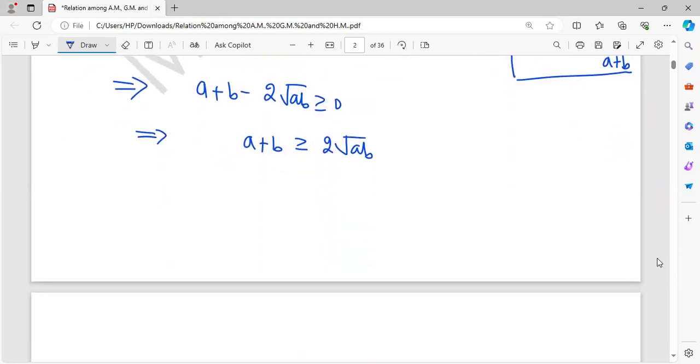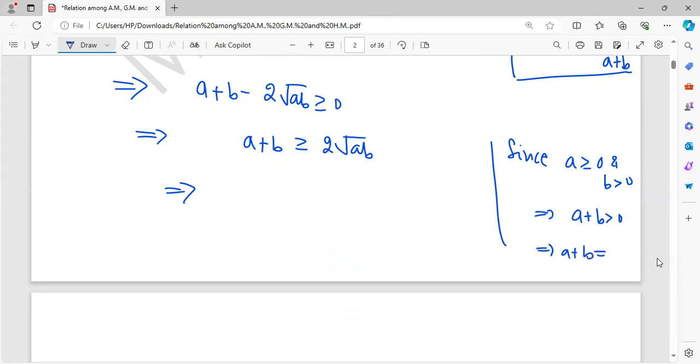Since A is non-negative and B is strictly greater than 0, this implies A plus B is greater than 0. It means A plus B is non-zero. If A plus B is non-zero, I can divide both the sides.